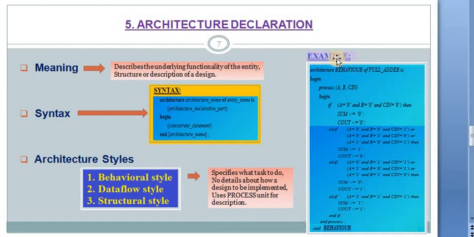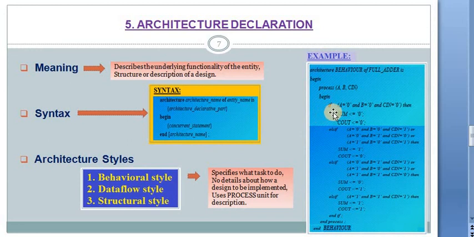As you see, the architecture behavior style for full adder is declared, under which a process is declared for the variables which are declared in the entity part, such as A, B, and C in for input.